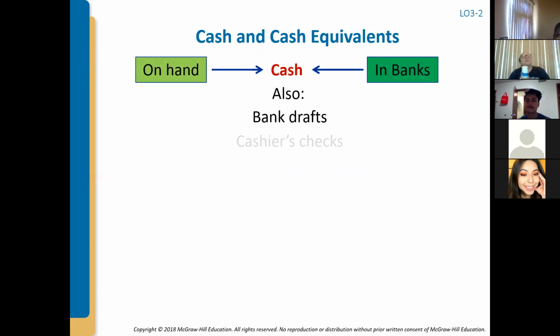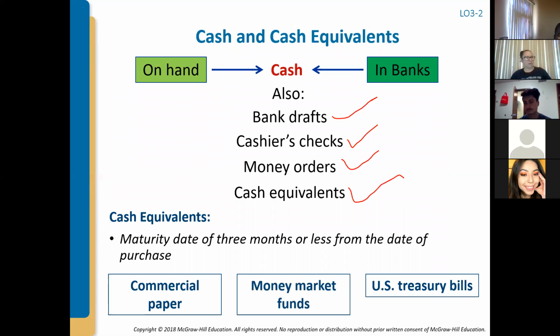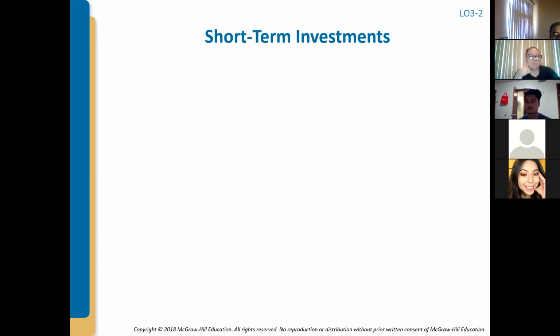Cash and cash equivalents include cash on hand in banks, bank drafts, cashier checks, and money orders. Cash equivalents have a maturity date of 3 months or less from the date of purchase, such as commercial paper, money market funds, and US Treasury bills.